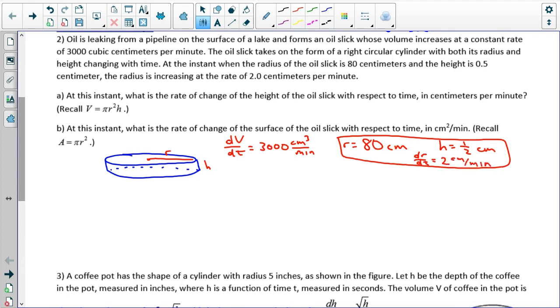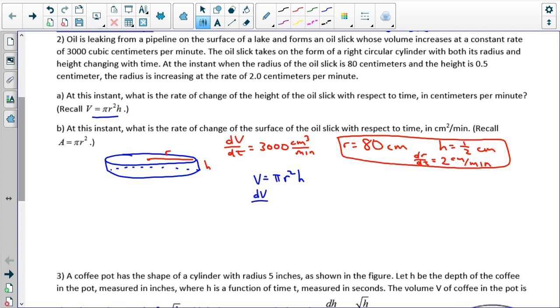So we have all that information, but notice that all of these things are changing constantly, so I can't substitute anything in before I take the derivative. So now I'm going to write down the formula for the volume of a right cylinder, and that is pi r squared h, which they were very nice to give you in this problem, but that is not something that happens on the AP test typically, so you do have to know your formulas.